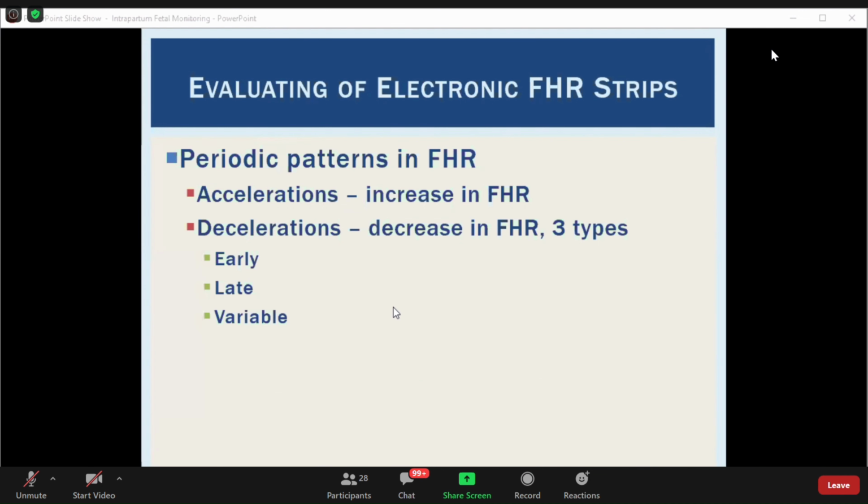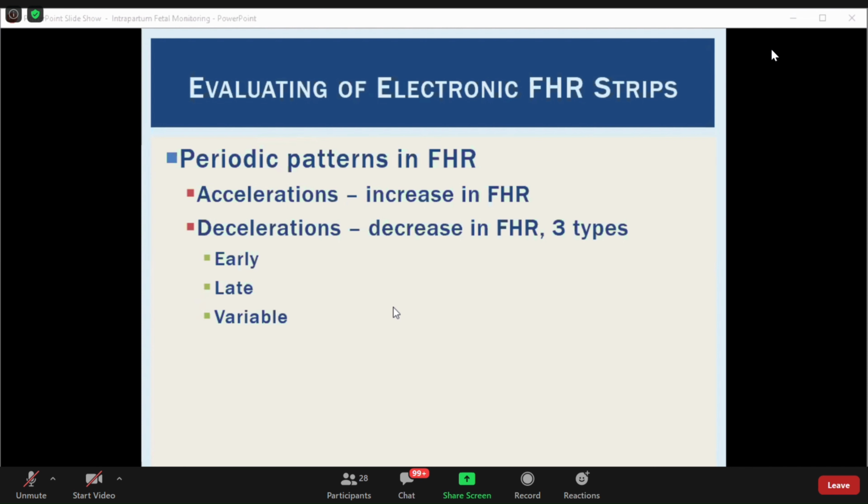All right, now, we'll start talking about the specifics. Accelerations in the fetal heart rate are to be expected. They are usually brief. They're usually temporary.